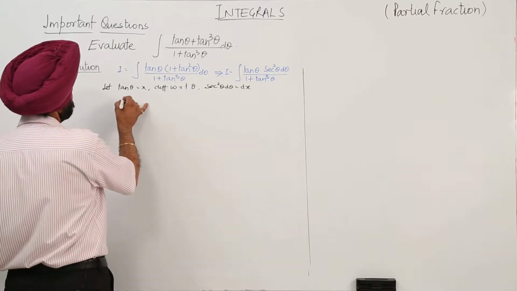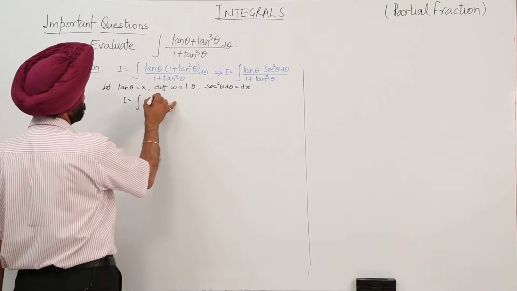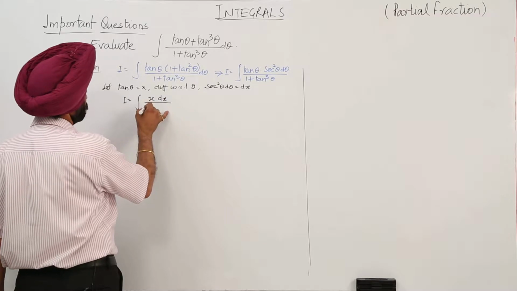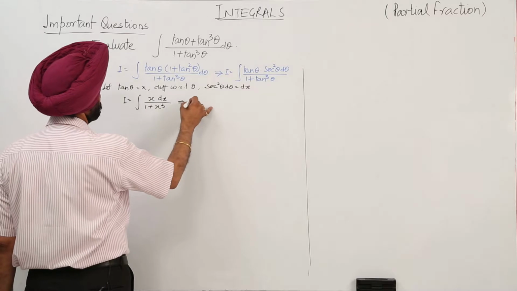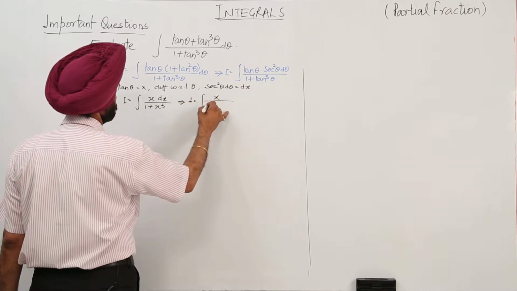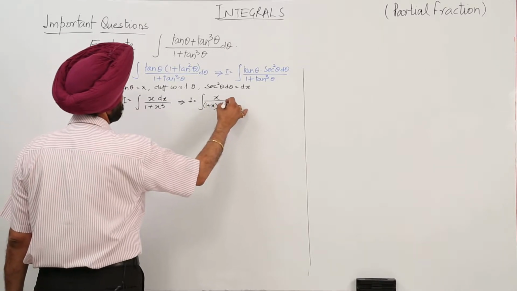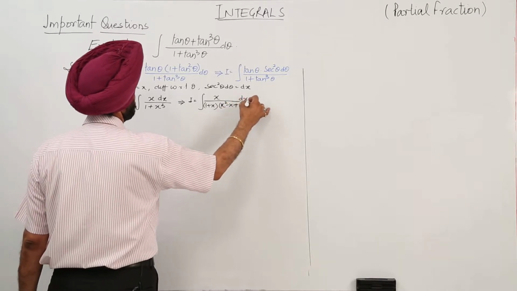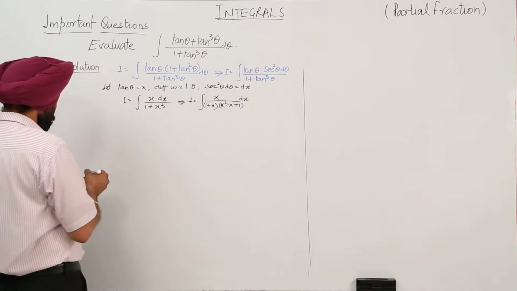So what we are getting now: integration of x dx upon 1 plus x cube, which is integration of x upon (1 plus x)(x square minus x plus 1) dx. Resolving the denominator into factors.